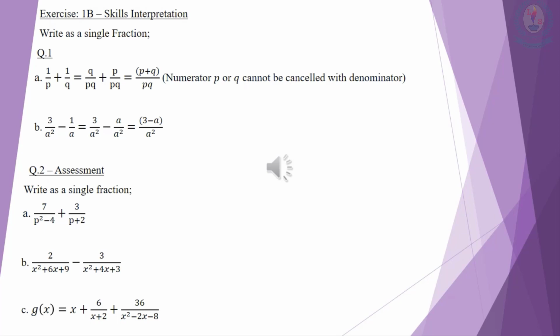Part C: it is given in a different form, but you have to try it the same as before. g(x) equals x plus 6 over x plus 2 plus 36 over x squared minus 2x minus 8.